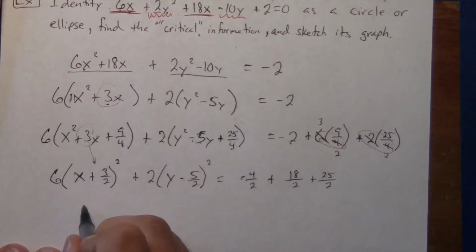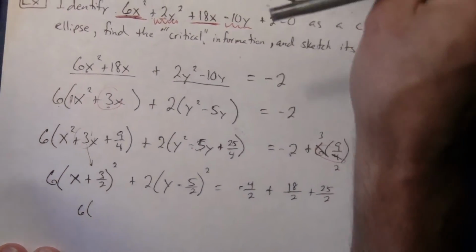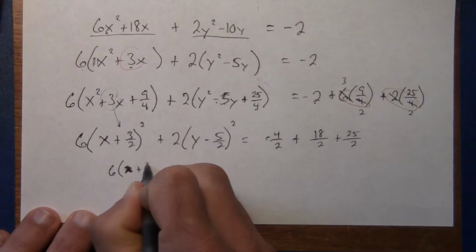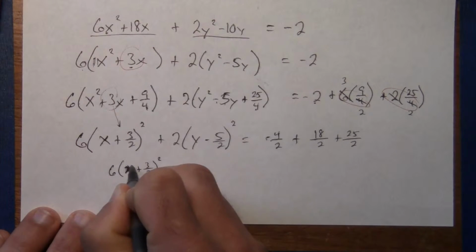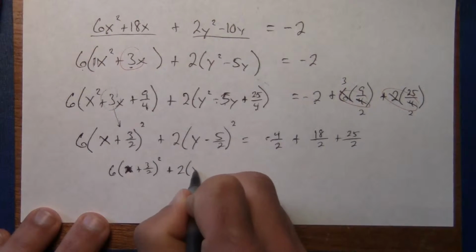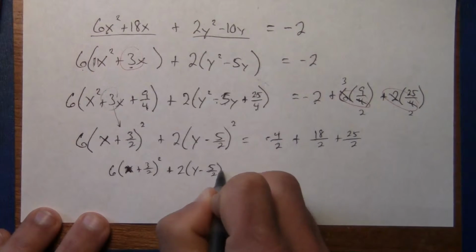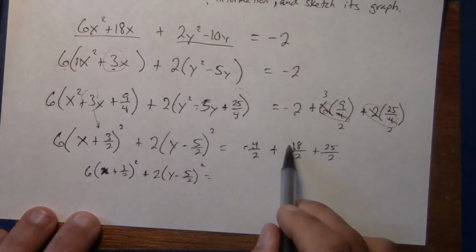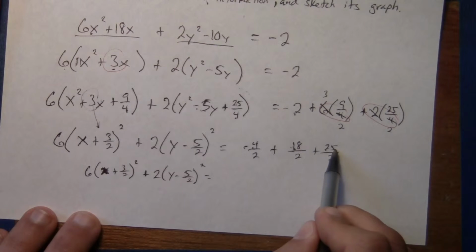And so I've got 6 times the quantity of x plus 3 halves squared plus 2 times the quantity y minus 5 halves squared is equal to, if I add all these together, that gives me 39 over 2.